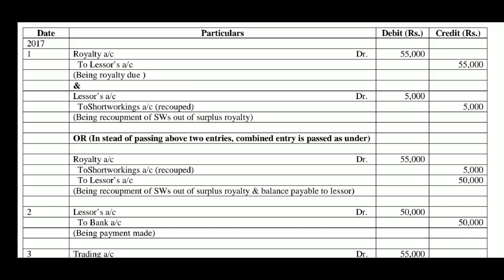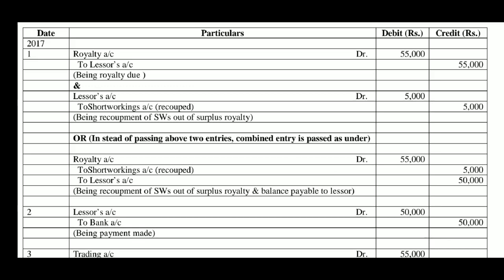So, it is left to the student whether to pass first 2 entries or a combined entry. While preparing the ledger account, I have used the combined entry, that is, combined entry has been passed to the relevant account. So, you may verify when we see the ledger account subsequently.